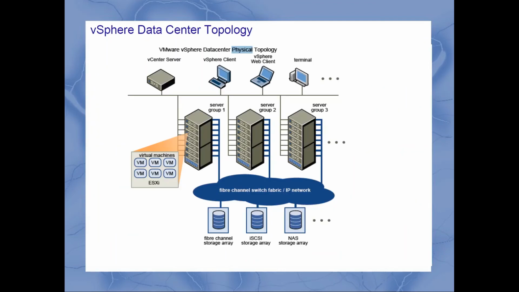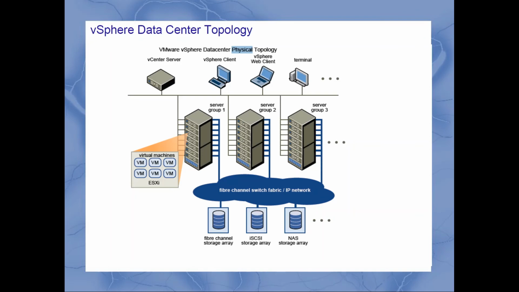When we talk about a data center topology, this gives a very high level view. We can see on the top left corner we have a vCenter server on that network. We have a vSphere client, a web client. We might have a terminal for CLI access. vCenter server earlier could be on a Windows machine or a Linux machine.